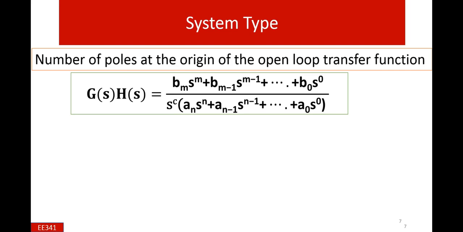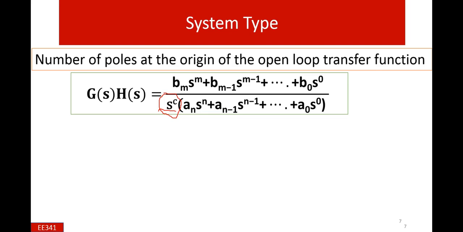So for system type, in this term, s raised to power c is extra from the previous case. The maximum order of the polynomial is s raised to power n, and this s^c represents the poles at the origin. There are c poles at the origin.